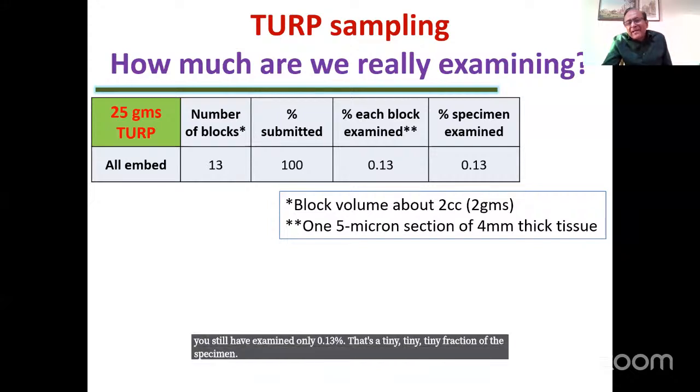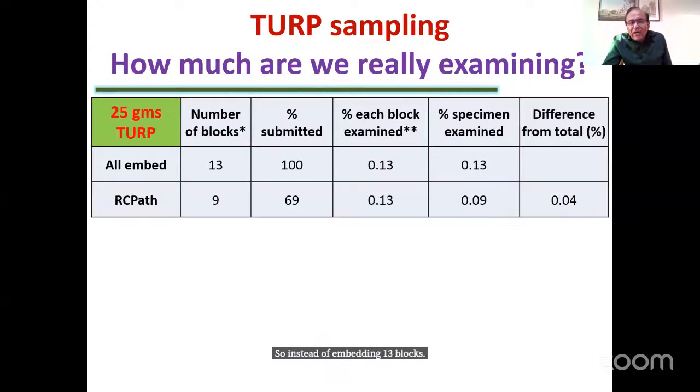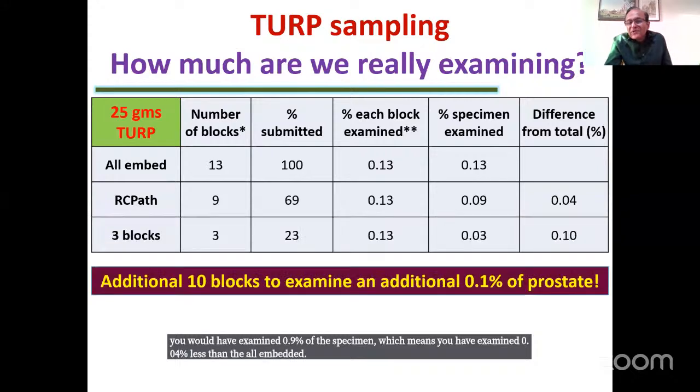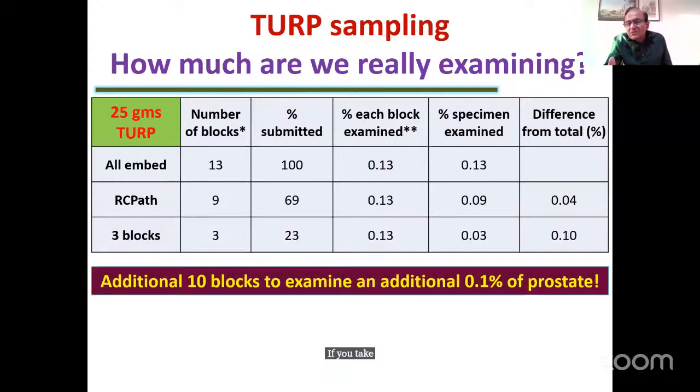So instead of embedding 13 blocks, what happens if you embed 9 blocks? You would have examined 0.9% of the specimen, which means you have examined 0.04% less than the all embedded. If you take only 3 blocks, you would have examined 0.03%.